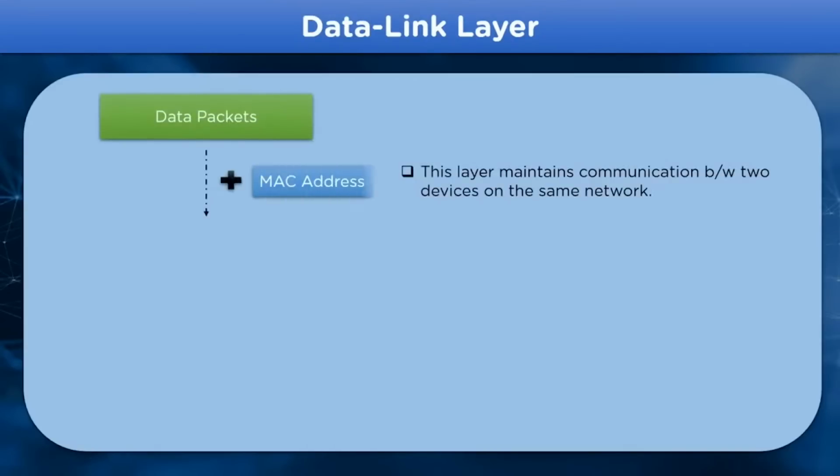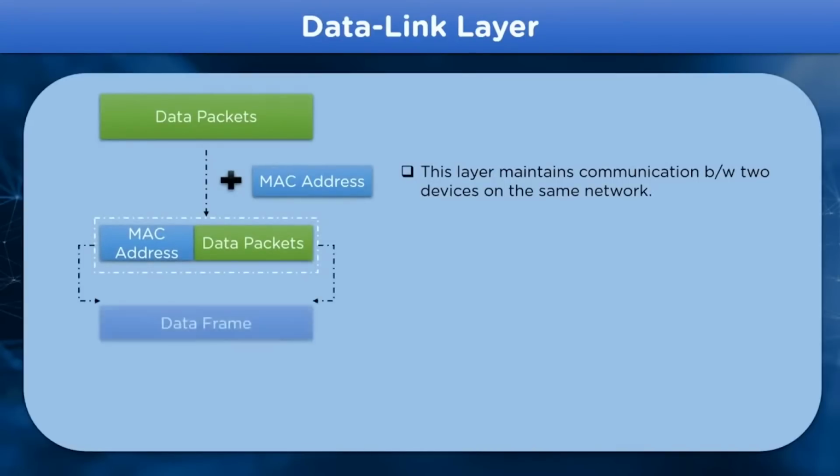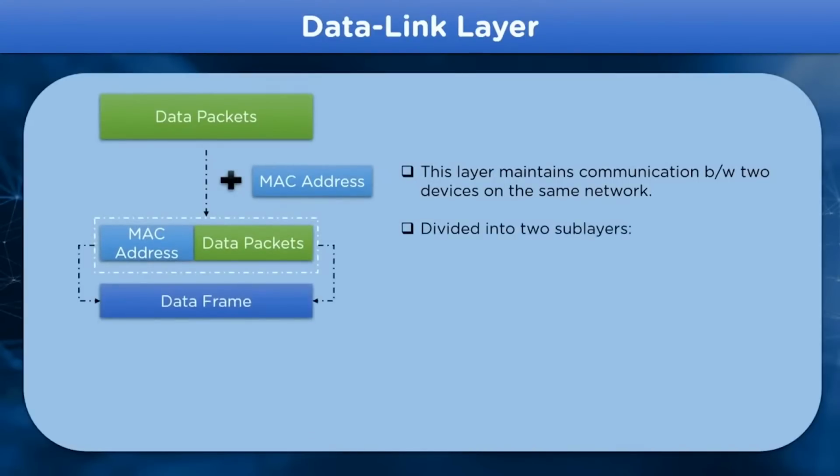Now let's move on to the next layer in the OSI model, which is the data link layer. This layer is responsible for maintaining and terminating the established connection between the devices over the network. The MAC address in this layer is added to the data packets, which are collectively known as data frames. These data frames are then transmitted over to the physical network.